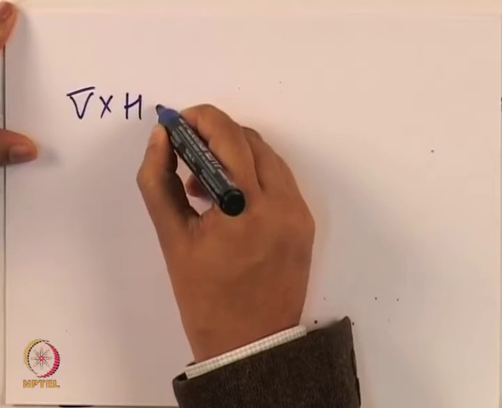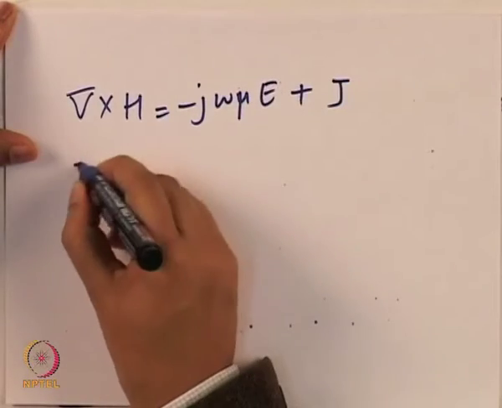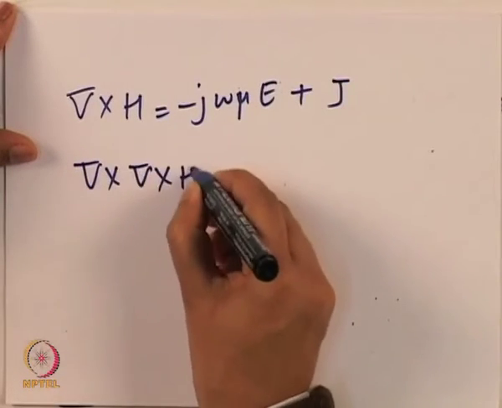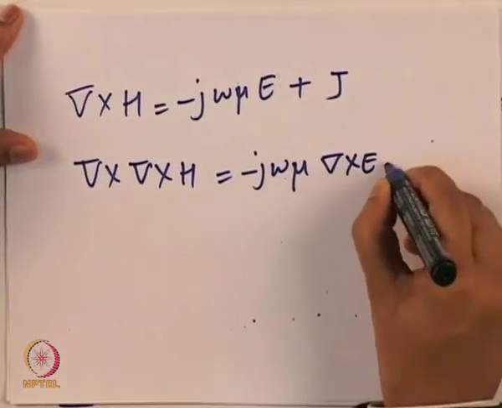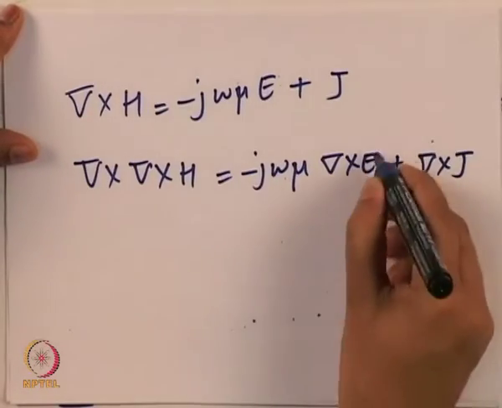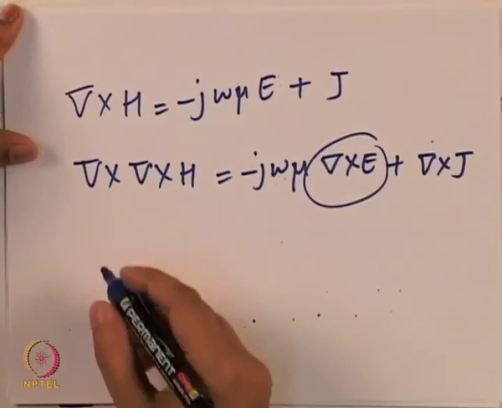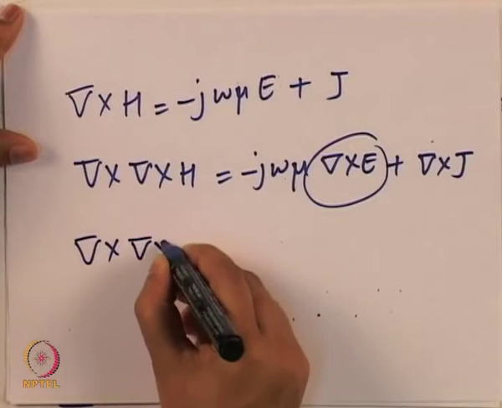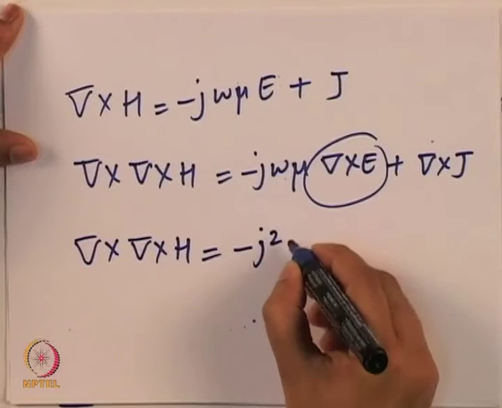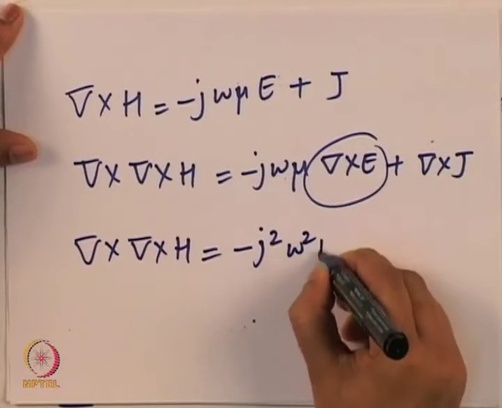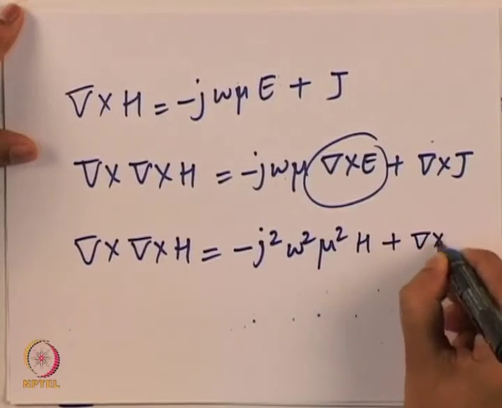So I have the curl of H equal to minus j omega mu E plus j, and I take the curl of this. It is equal to minus j omega mu curl of E plus curl of j, and I know that curl of E is j omega mu H. So I can substitute: curl curl H is equal to minus j squared omega squared mu squared H plus curl of j.